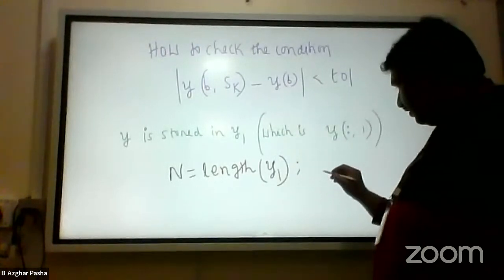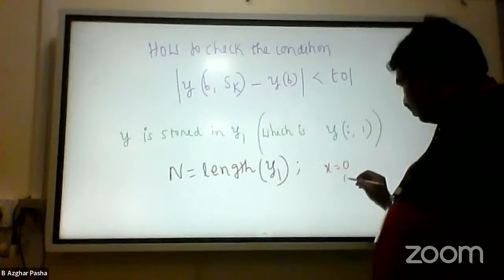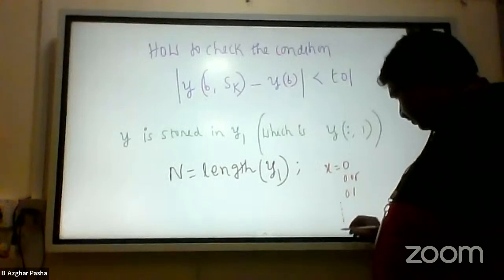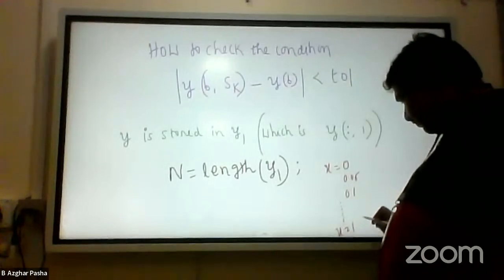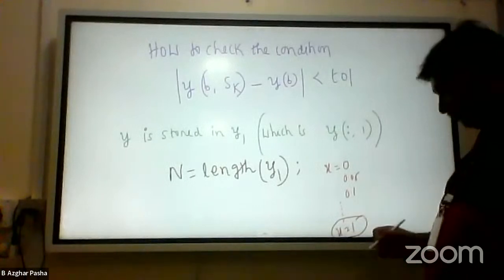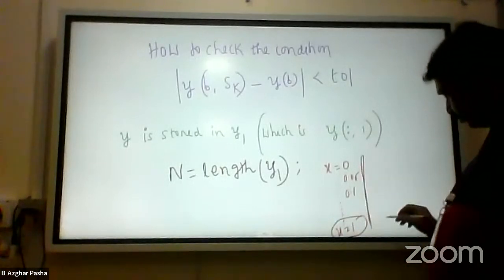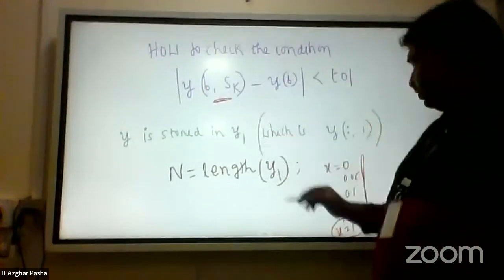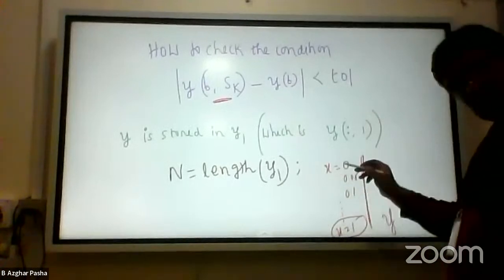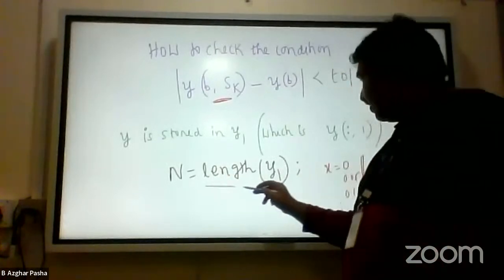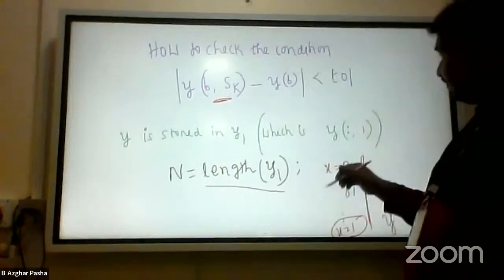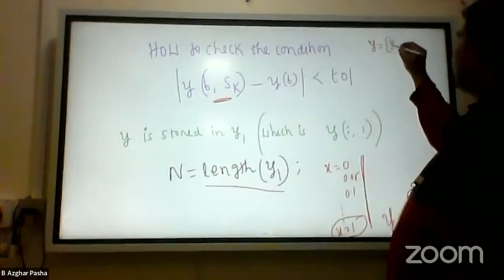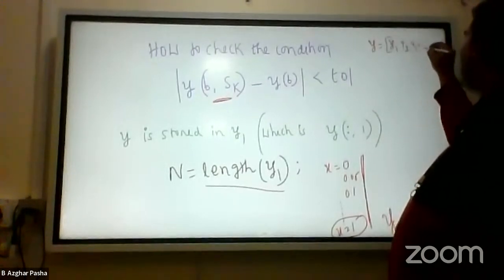But no. As x varies like this, 0, 0.05, 0.1, and so on, for x equal to 1 this index is different. I should know the length of x to know the corresponding y value, that is the b value. To compute this value, I should know the number of elements of x. So I have to use the length of y1. What is y1? Y1 is the first element, because in your y you are storing y as y1, y2, y3, y4.